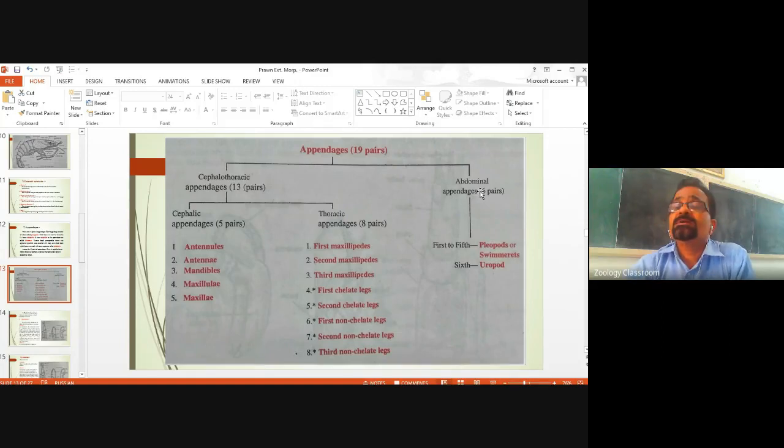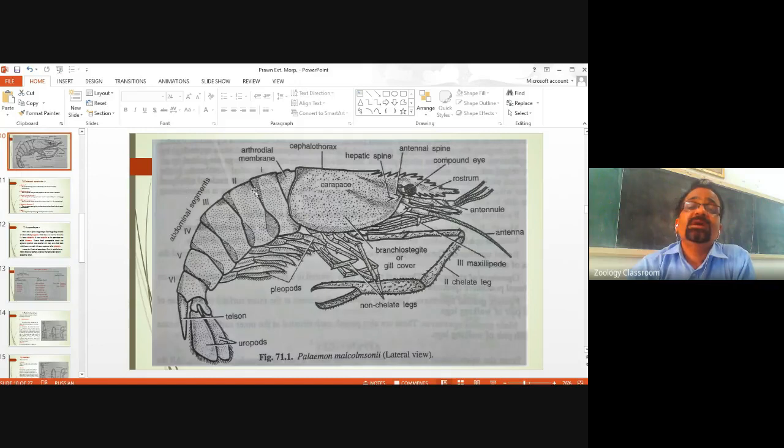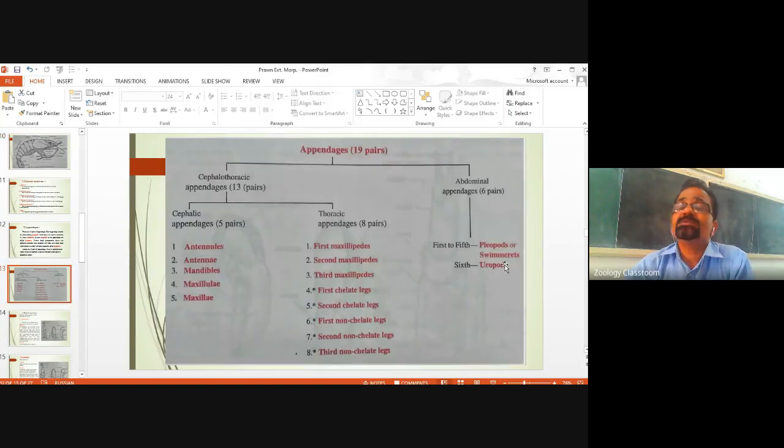Abdominal segment appendages: six pairs are there. First to fifth are pleopods, as I have mentioned here. One, two, three, four, five, six: these are the six abdominal segments. These are five pairs of pleopods, and the one present in the sixth segment is the uropod.